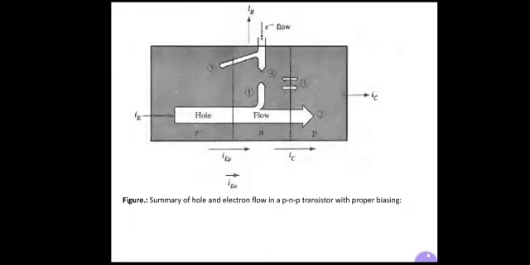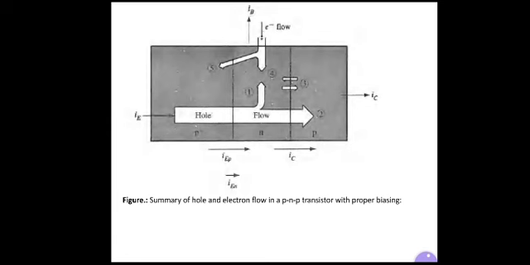The second figure shows the summary of hole and electron flow in a PNP transistor with proper biasing. Whatever we have seen previously, the same figure is continued here, showing the summary of electron and hole flow in a PNP transistor with proper biasing.